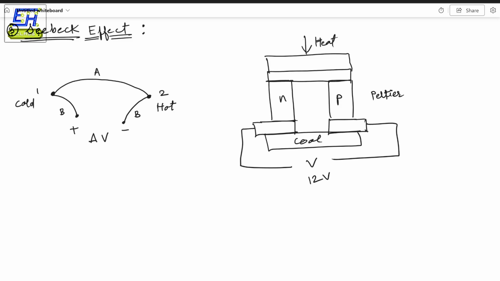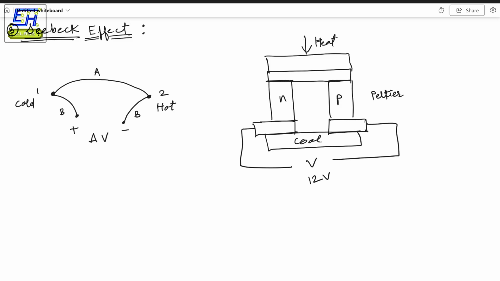So whenever you provide power to this cell, and same is the case with this metal version as well, right? When you provide this voltage externally, you'll see one side or the first junction absorbing heat, and that means that junction will be cold, as compared to the other junction that will emit heat.